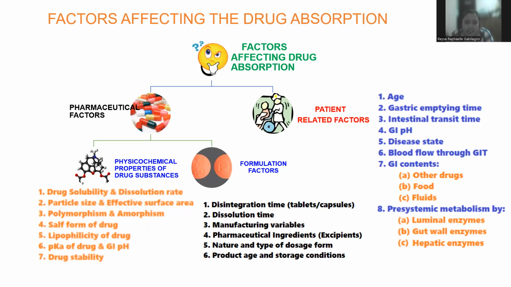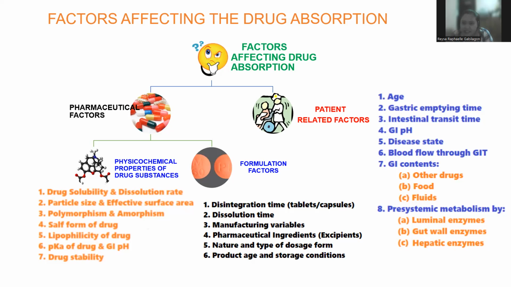The GIT pH, I think na-mention din siya in the physicochemical properties of the drug. If we have a lower pH in our stomach, that will retard the gastric emptying time, and that means medyo tatagal yung absorption of the drug.